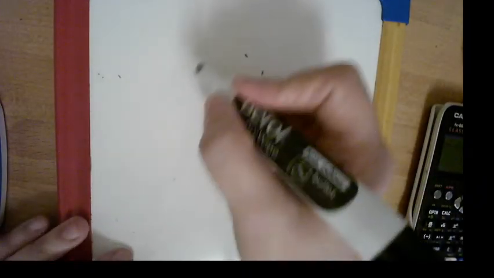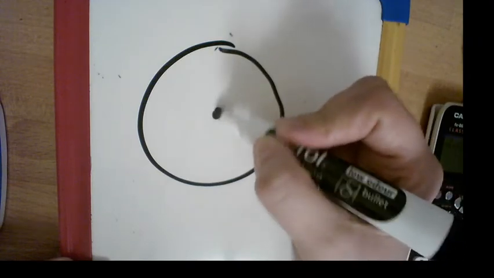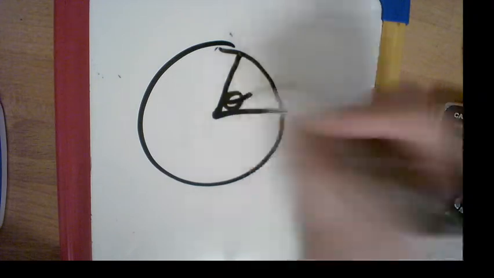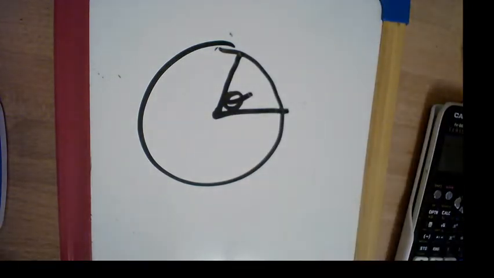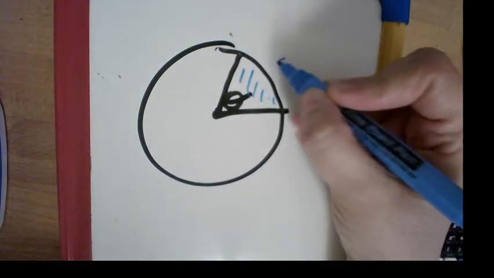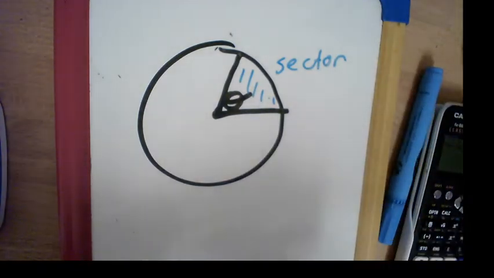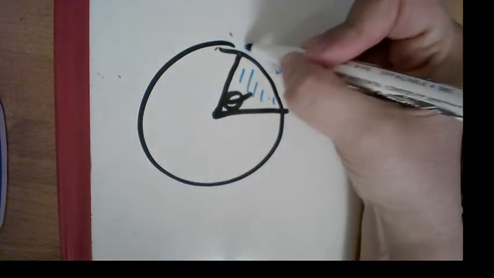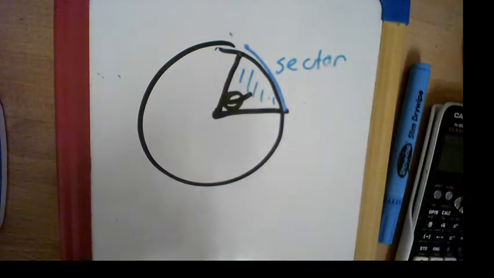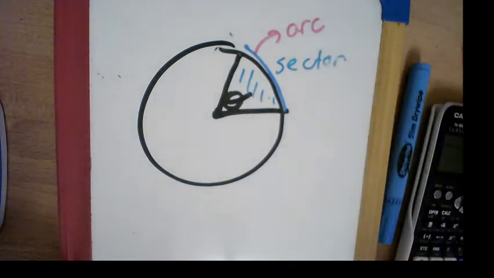So a quick reminder, if I have a circle and I have 2 radii and they are subtended by an angle theta in the middle, this area between those 2 radii is called a sector, and the length that goes from one section to the other section here, sorry, that should have been a different colour, that little section there should be an arc.